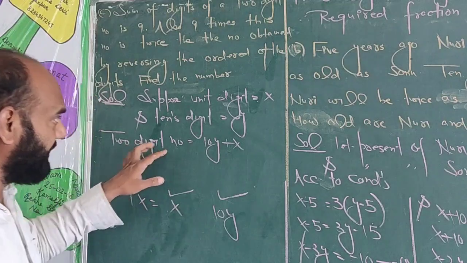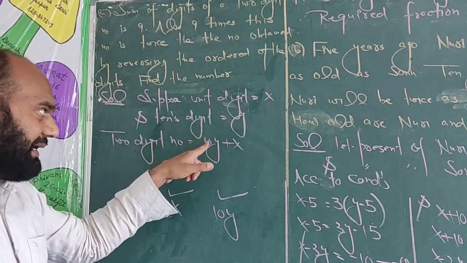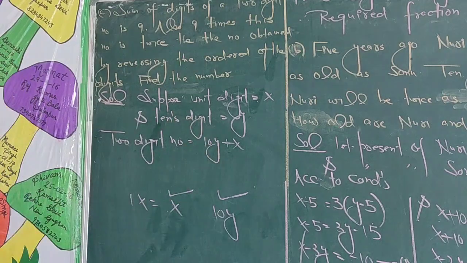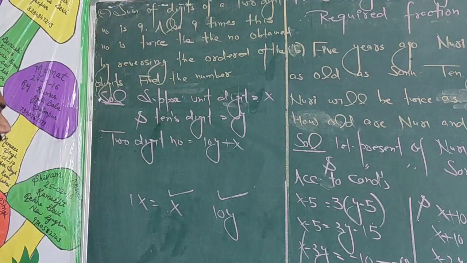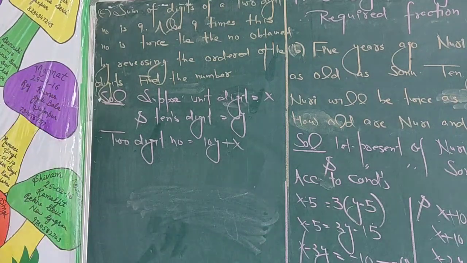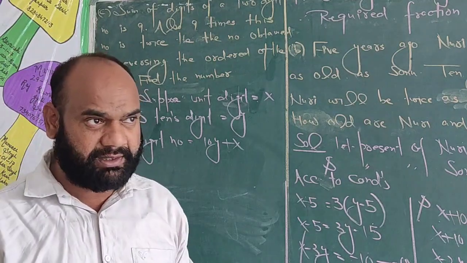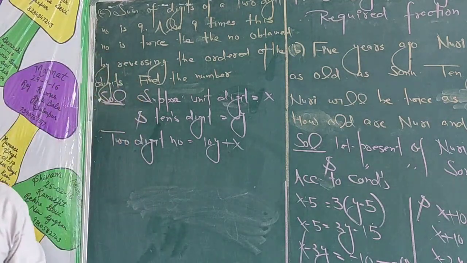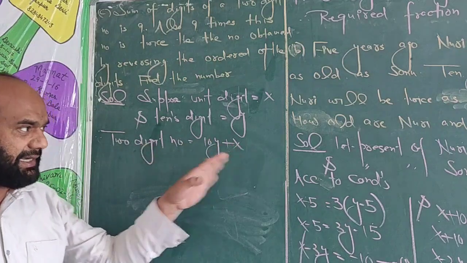So we can say that when the unit digit of a two-digit number is x and the tens digit is y, then the two-digit number is always equal to 10y plus x.